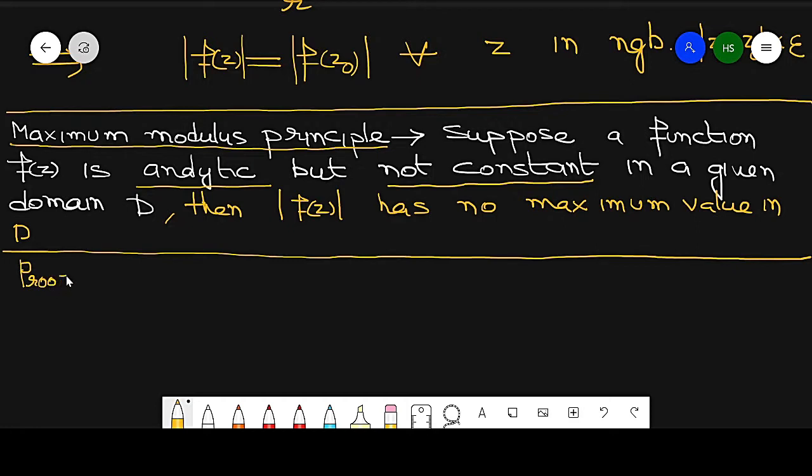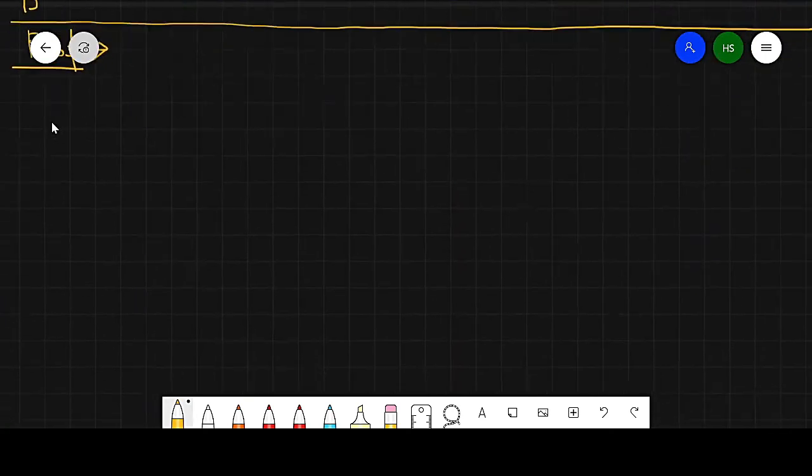Now, proof of the theorem. We will prove it with the help of contradiction.